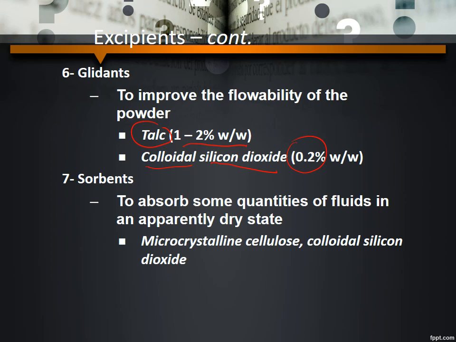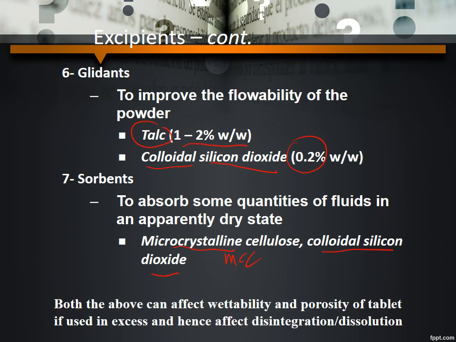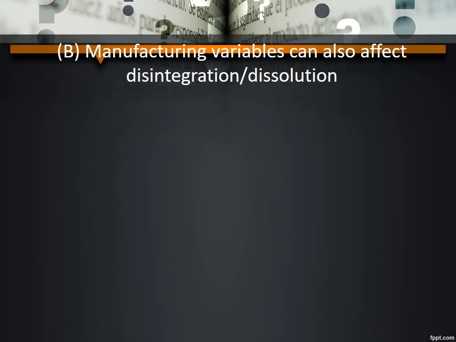So what kind of sorbent can they use? For example, microcrystalline cellulose, MCC, and colloidal silicon dioxide. Both of the above can affect wettability and porosity of the tablet if used in excess, hence affecting disintegration and dissolution. So the percentage of these products in the formulation should be carefully determined.